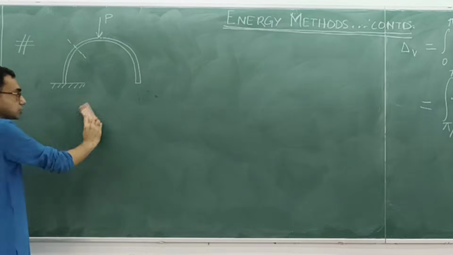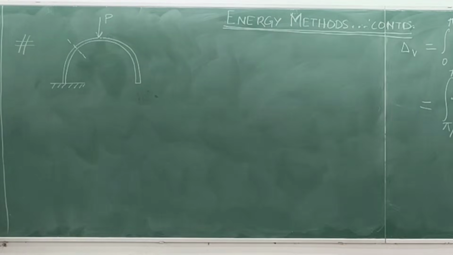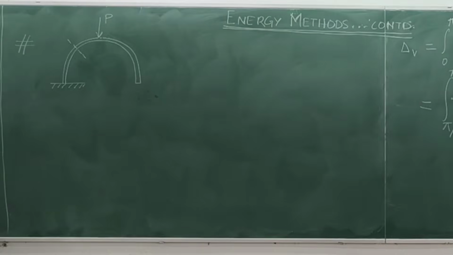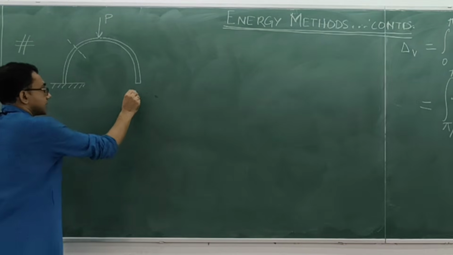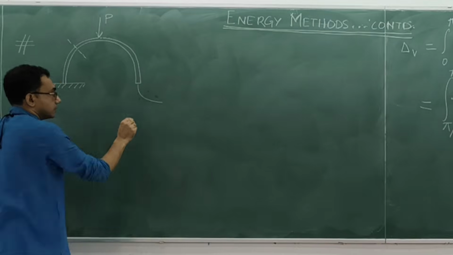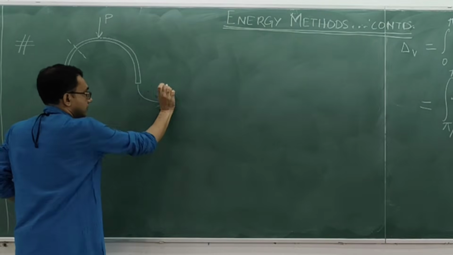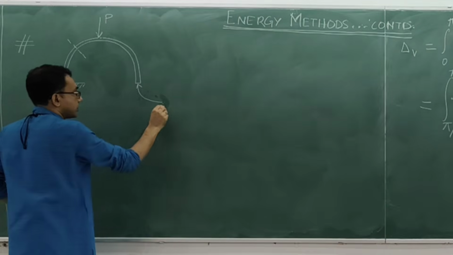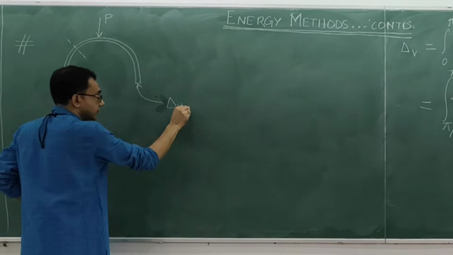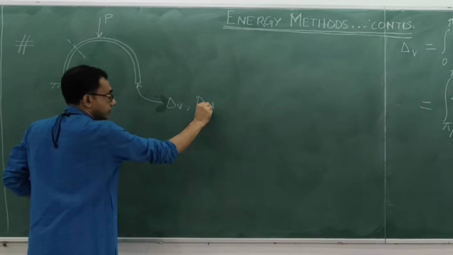In your copy, please don't keep on drawing on the same place. Please draw this diagram again. And then the question is, at this point, what is the vertical deflection, what is the horizontal deflection?